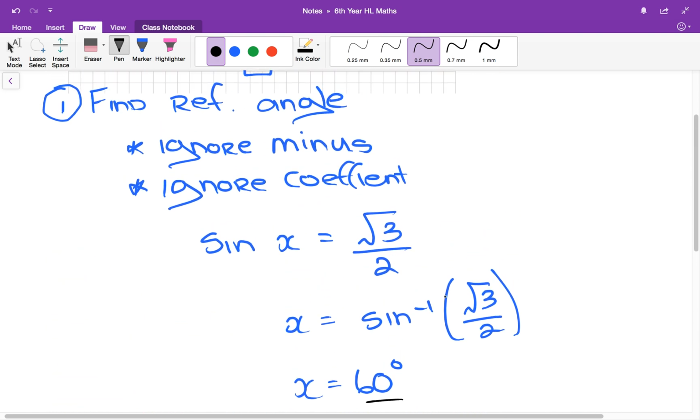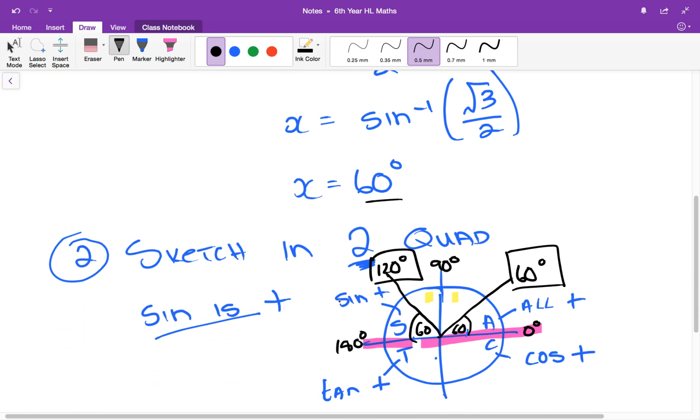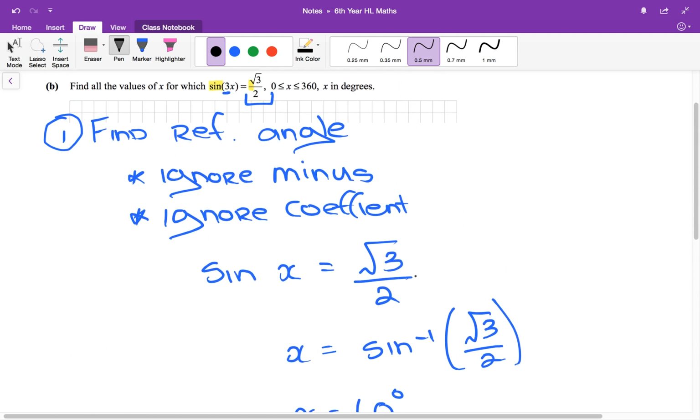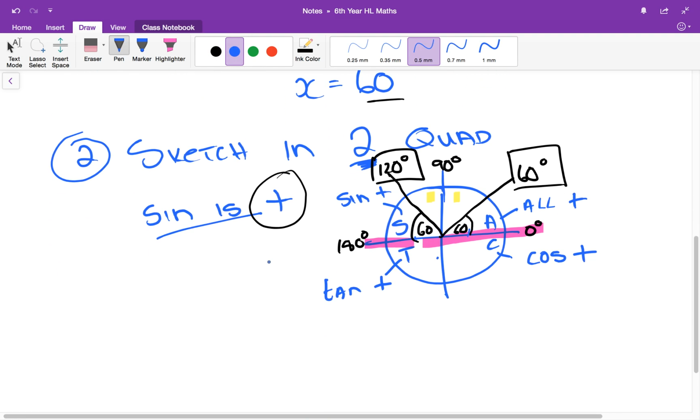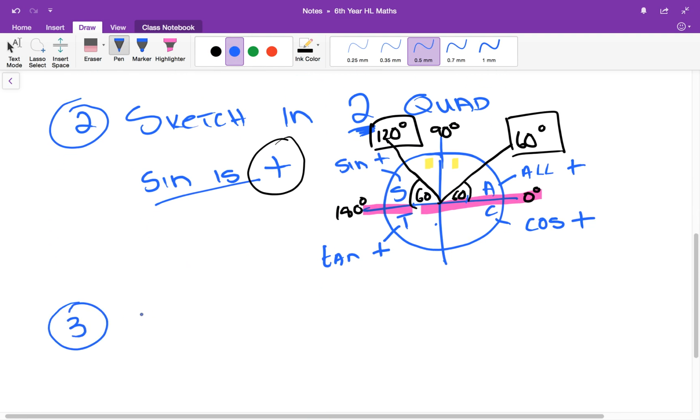Now, this is where you look back up here. In the first step, you ignore the minus and you ignore the coefficient. In the second step, if you have ignored a minus, you take it into account here. In the third step, if you've ignored a coefficient, that's where you bring it back in. So in the third step, you have to apply the coefficient.